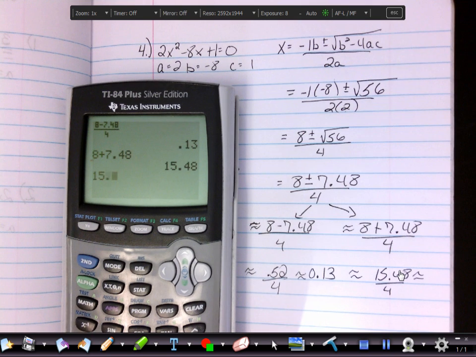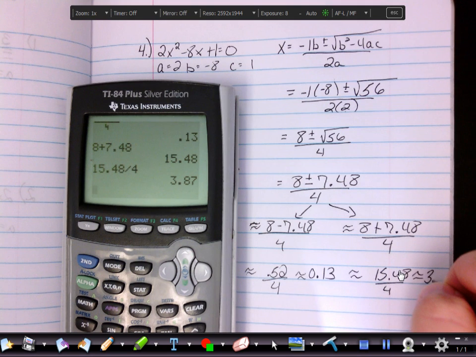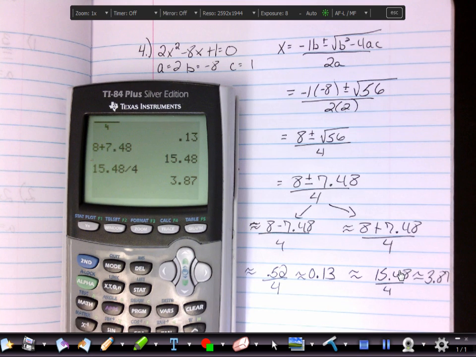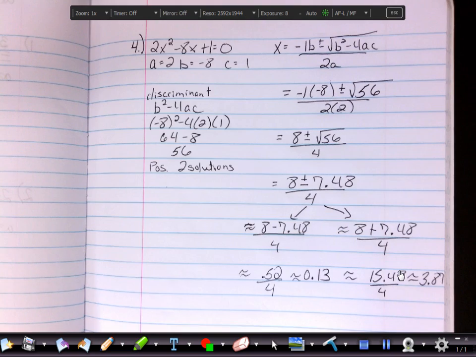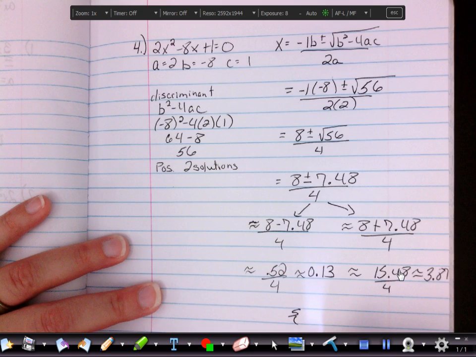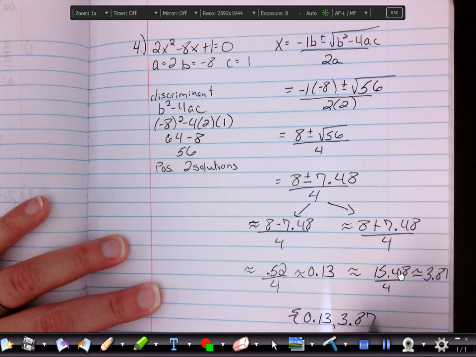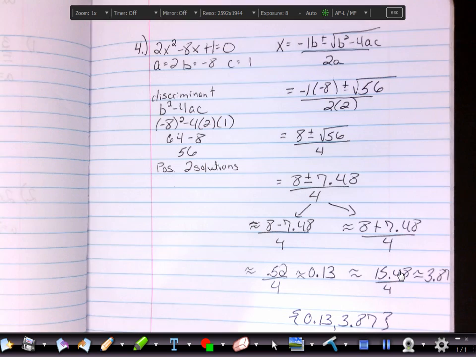So 15.48 divided by 4 gives me 3.87. So in my squigglies, I'm going to have 0.13 and 3.87.